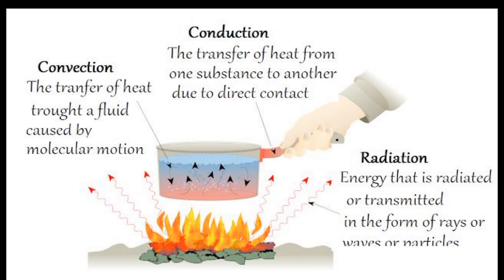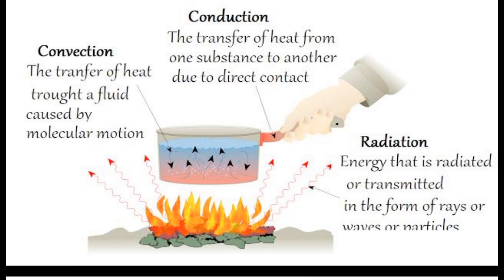So transfer of heat occurs from hotter to colder objects, a hot object to a cold object. Like here you can see there is a flame, and from the flame heat is transferring to a vessel. Flame is hot, vessel is cold.